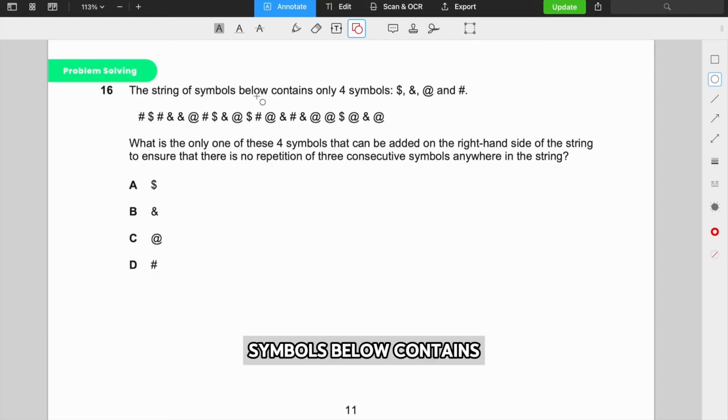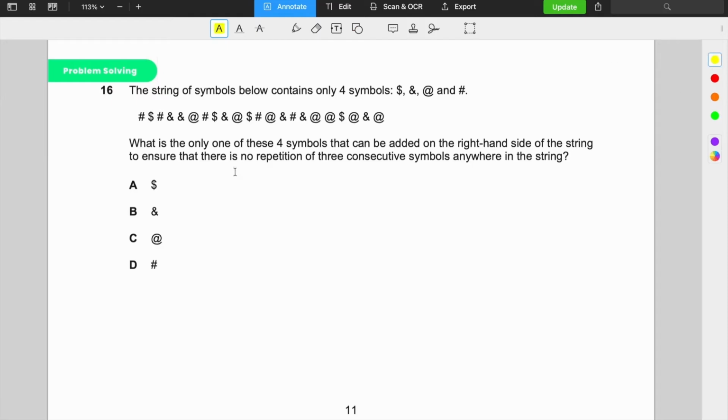The string of symbols below contains only 4 symbols, dollar, and, at, and hashtag. What is the only one of these 4 symbols that can be added on the right-hand side of the string to ensure that, and the rule is as follows, there is no repetition of 3 consecutive symbols anywhere in the string. Okay, so what are we doing?